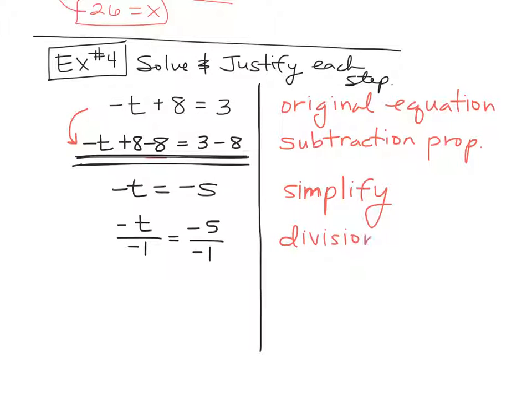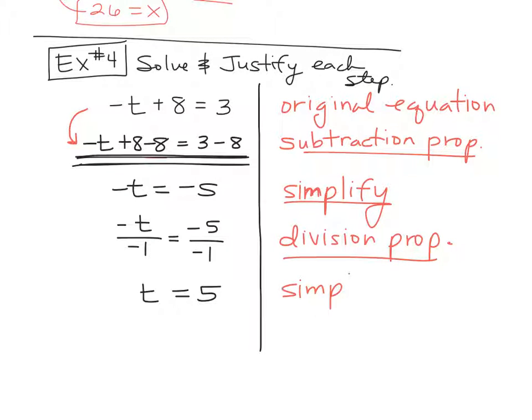If you do something to both sides of the equation, that is addition, subtraction, multiplication, or division property, typically. So then it looks like t equals 5. Do you know what step that would be? Simplify, right? We did the subtraction property and then we simplified it. We did the division property and then we simplified it.